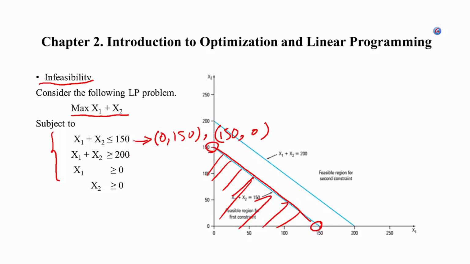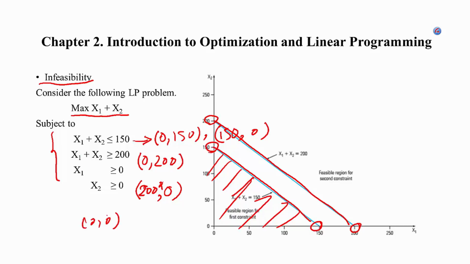Now for the second constraint, if we put x1 equal to 0, we get 200, and if we put 0 for x2, we get 200 for x1. If we plot these two points, we get this constraint. If I put 0, 0 to find the area, I can see that 0, 0 does not satisfy this constraint. So this constraint shows this area.